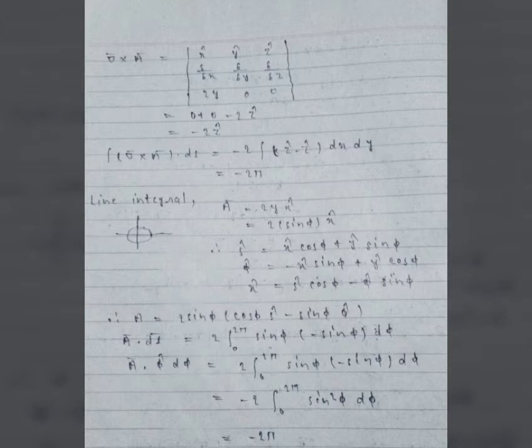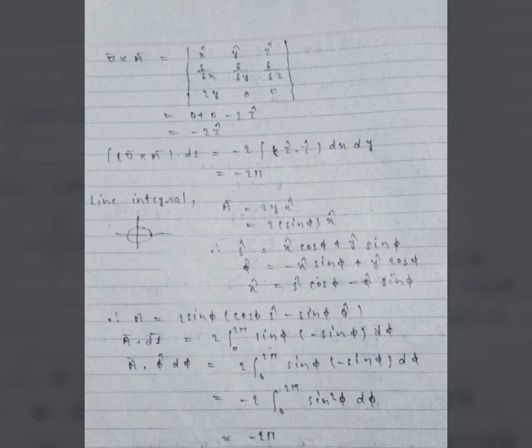So let us calculate curl of A. A is given to be 2y x. Curl of A is the determinant with unit vectors x, y and z, and partial x, partial y, partial z.